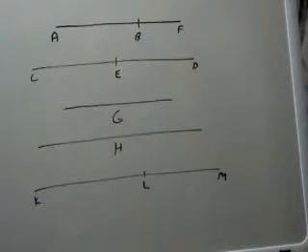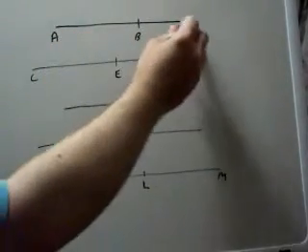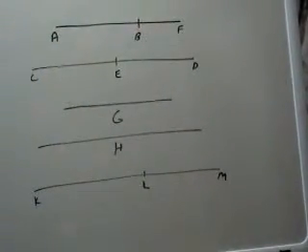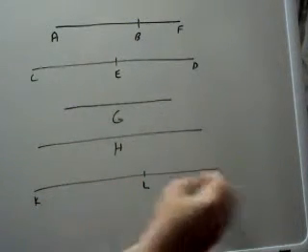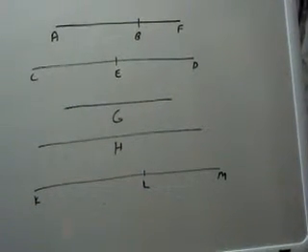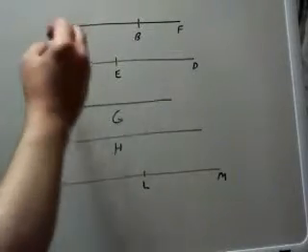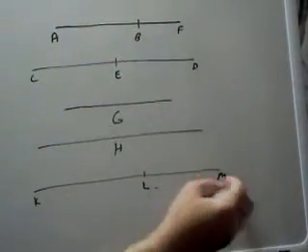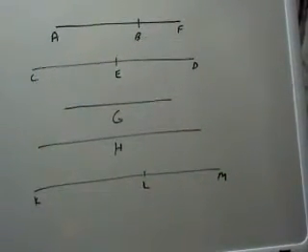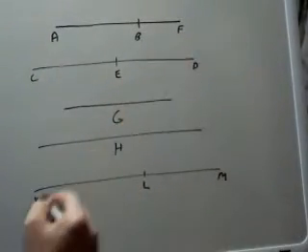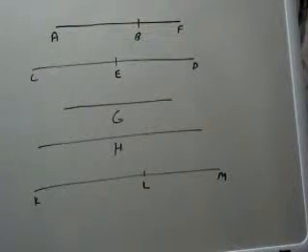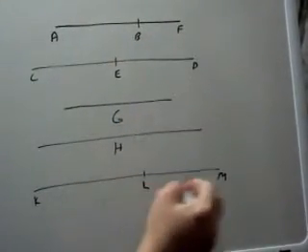Therefore, as AF is to FB, as this is to this, so is KM, which is this, to this. One more time. As this is to this, so is this to that. Therefore, alternately, as AF is to KM, so is BF to ML.